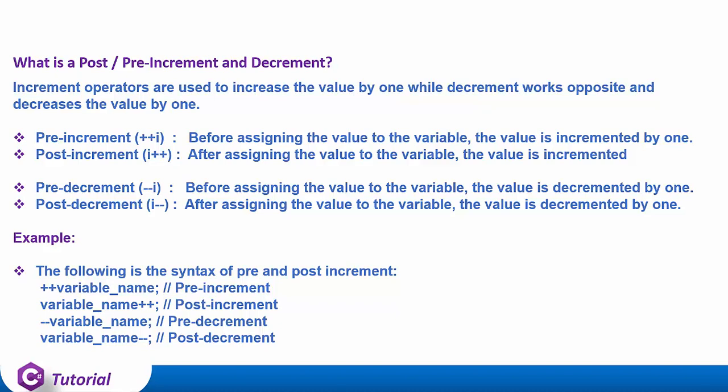In the pre-increment, before assigning the value to the variable, the value is incremented by 1. And in the post-increment, after assigning the value to the variable, the value is incremented. The same manner applies to the pre-decrement and the post-decrement.